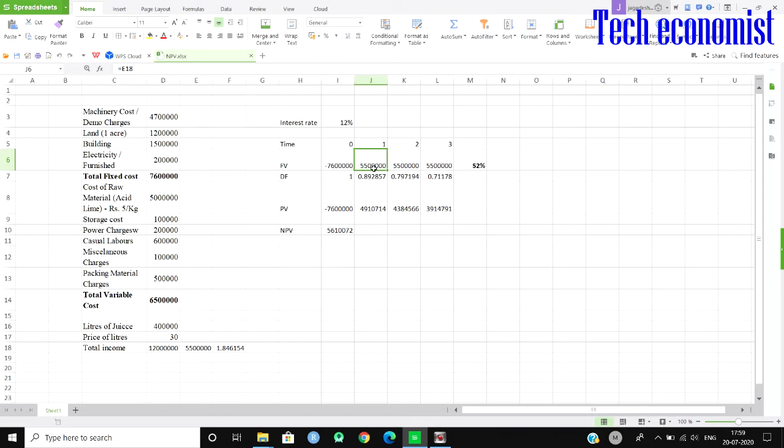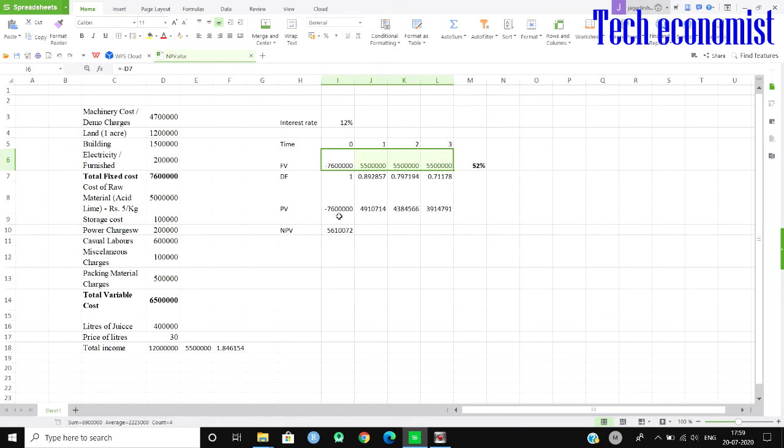In the first year, it is the total profit, not the income. That is the income minus the expenditure, which gives you the profit. I've taken a constant profit; whatever you are expecting, you can take it. For a stable purpose, I've taken the same values. So this is going to be our future value.